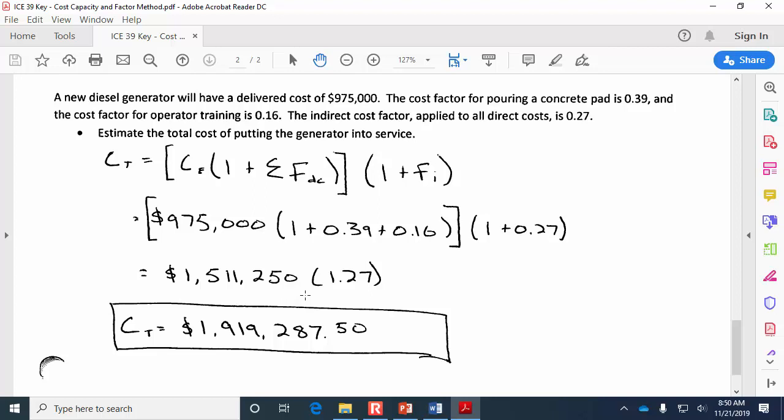But on top of that, there's also the indirect costs having to do with the people that placed the order, the expense of whatever supervisor or coordinator or maybe engineering services are required to initiate the project and get it installed. So the indirect costs are applied to all of the direct costs, and that means that we should have $1.92 million available to put the generator into service.